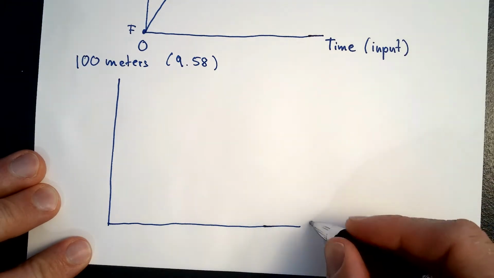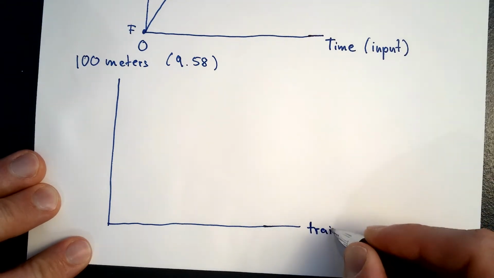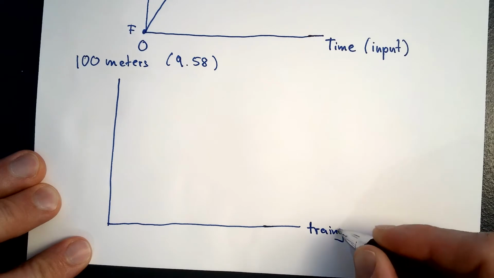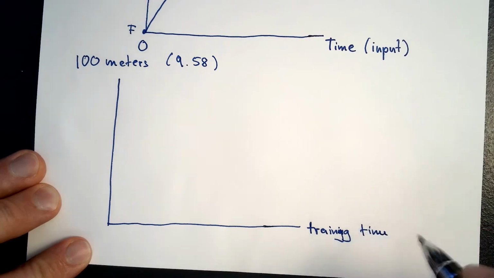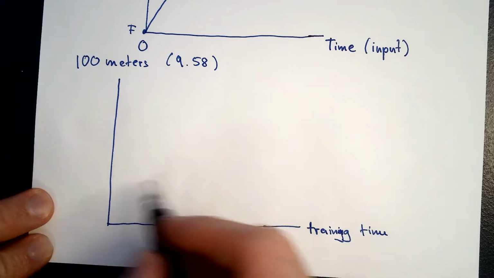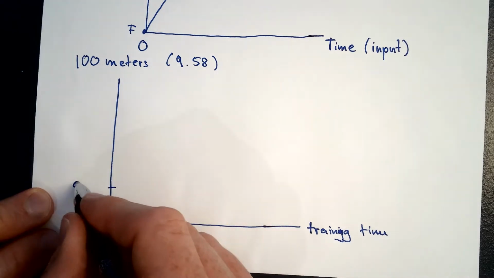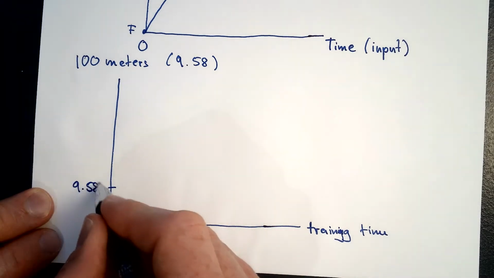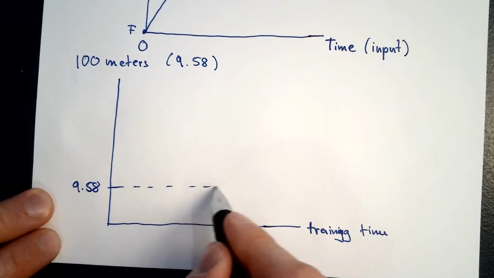So here the input would be the training time, and basically the output would be the improvement of your current time.